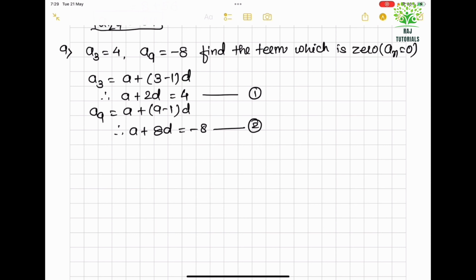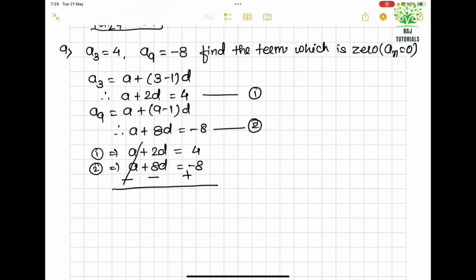Now first of all solving them. So 1 implies a plus 2d equal to 4. 2 implies a plus 8d equal to minus 8. Now subtracting them, a got cancelled, minus 6d equal to 4 plus 8. So 12. So d equal to minus 12 upon 6.